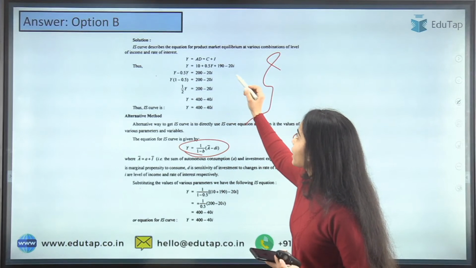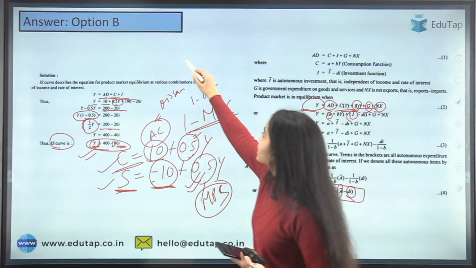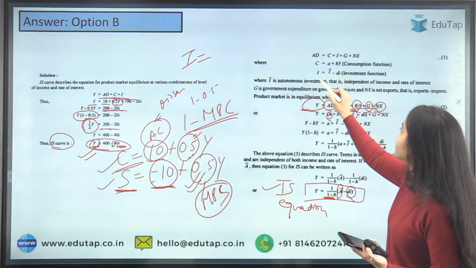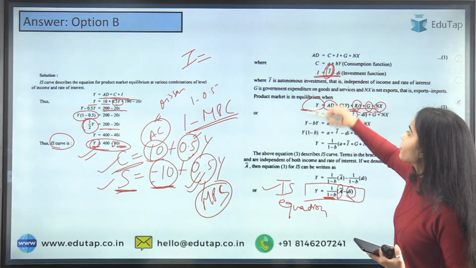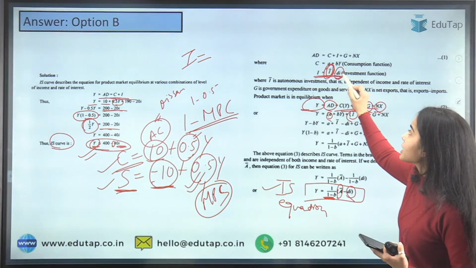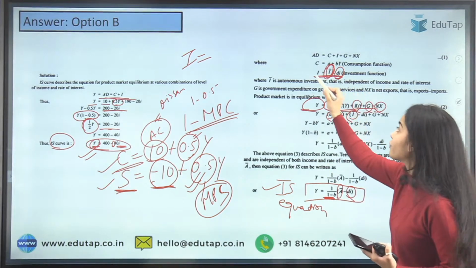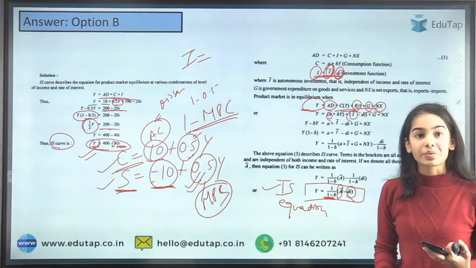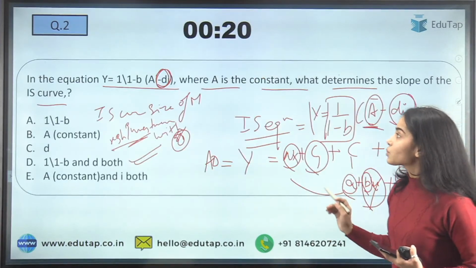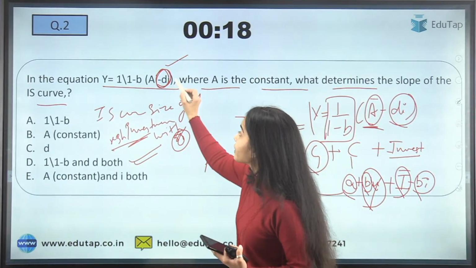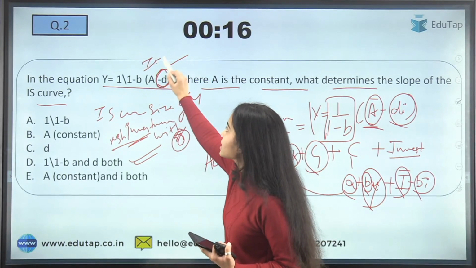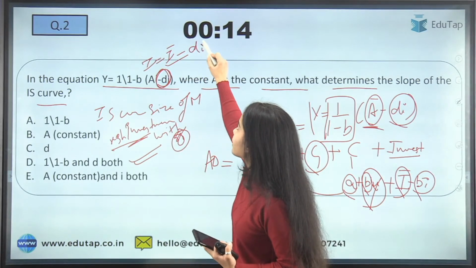The di is showing it, in this equation, in the investment equation, that is here. This is the autonomous investment, and this is the interest rate, and d is the term that shows how much the investment is changing with the interest rate. So this is what is shown here, how responsive the investment is with the interest rate.